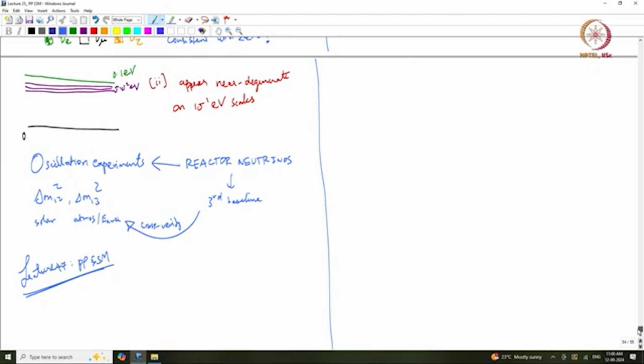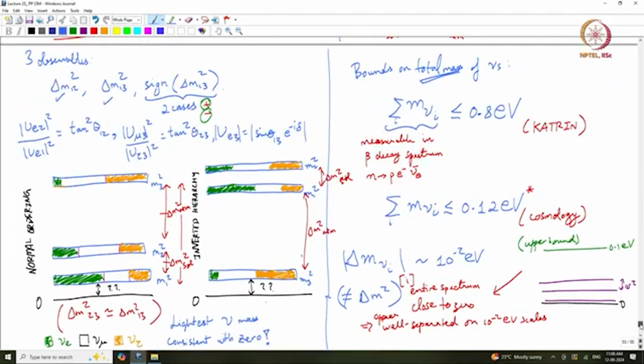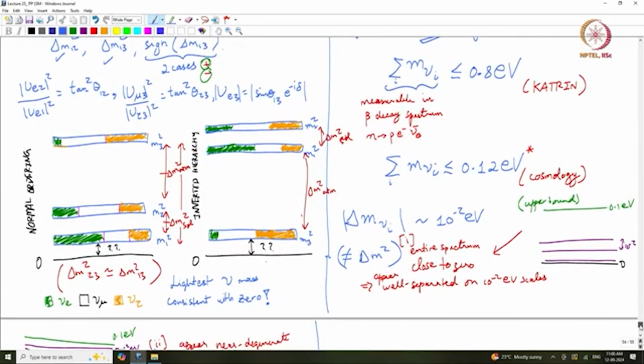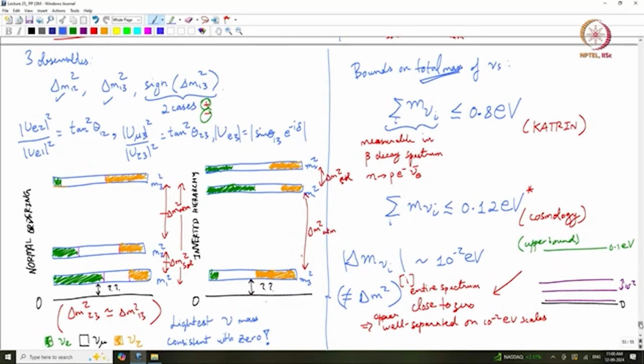One more thing: we do not actually know the total mass of neutrinos either, but we have an upper bound on that coming from cosmology and the KATRIN experiment, all of which point to a total mass of around 0.1 electron volts.